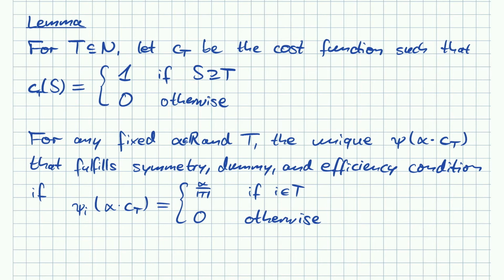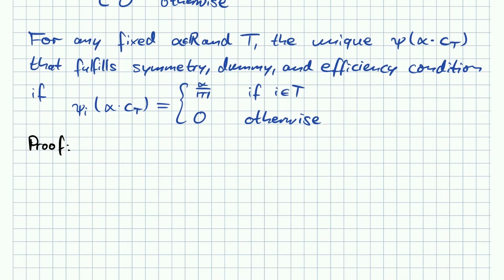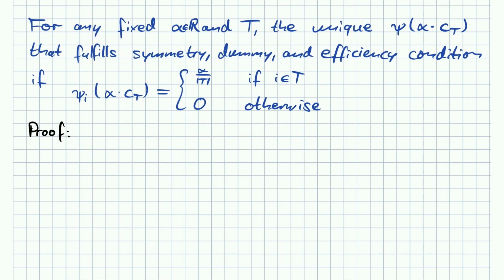Why that? Okay, that's actually not so difficult to see, because there's only two ways an agent can influence the cost vector, namely it is either in the set T or it isn't. And what happens if I is not in T?